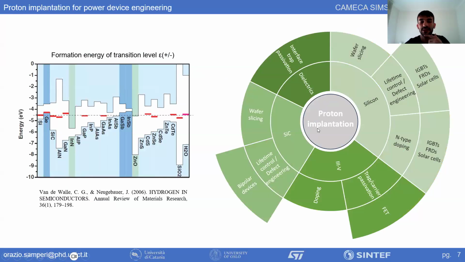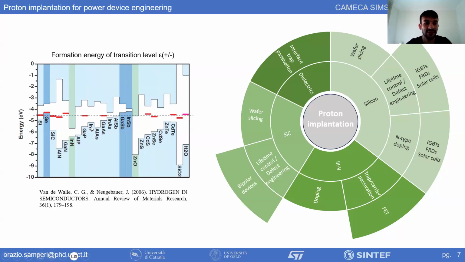Proton implantation has been found to be quite useful in semiconductor manufacturing and power device engineering. Here I just put some examples of the application of proton implantation: silicon carbide, III-V compounds, silicon, and dielectrics. Now, what we know about the effects of proton implantation is that it can be used to create doping in the material, even though hydrogen itself is not a dopant.